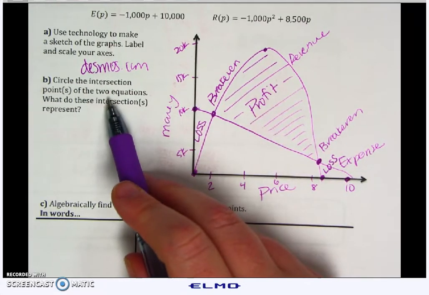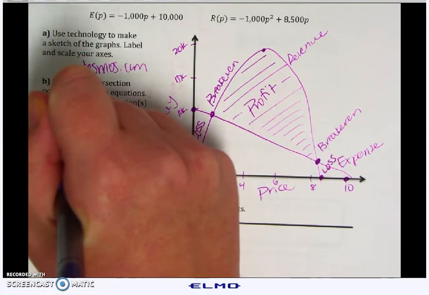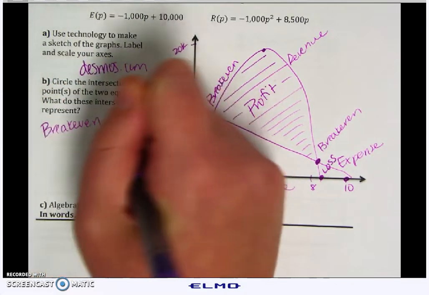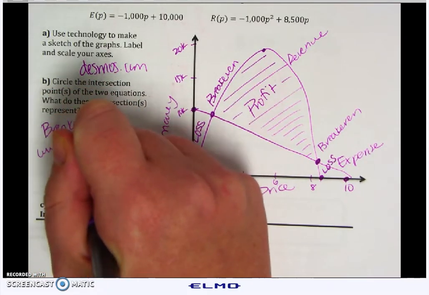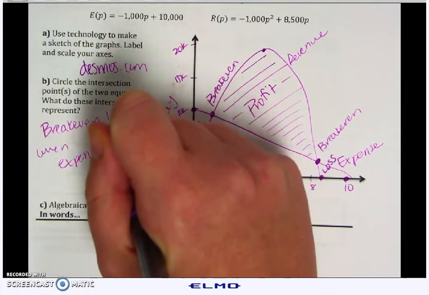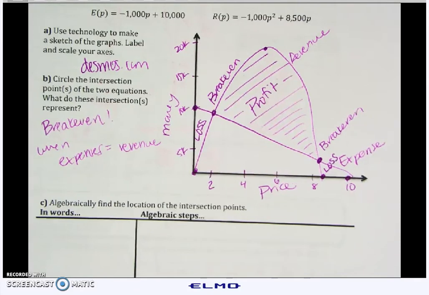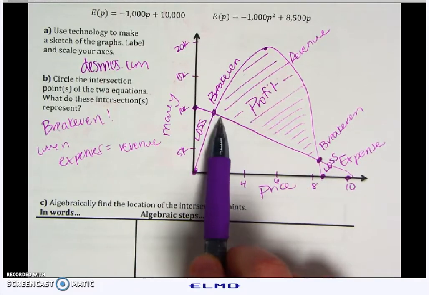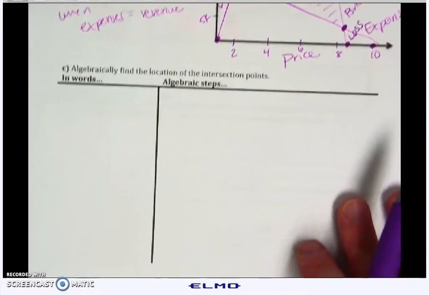So circle the intersection of the 2 equations, and what do they represent? They are the break-even points. It's when expenses equal the revenue. So we can find those approximations from our graph using Desmos, but we're going to also find it algebraically.